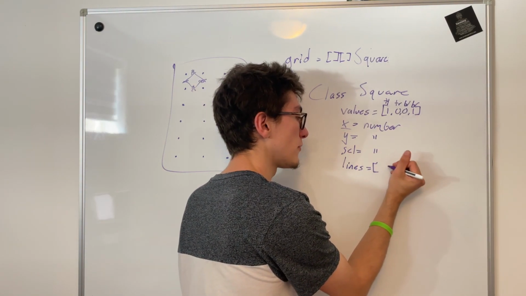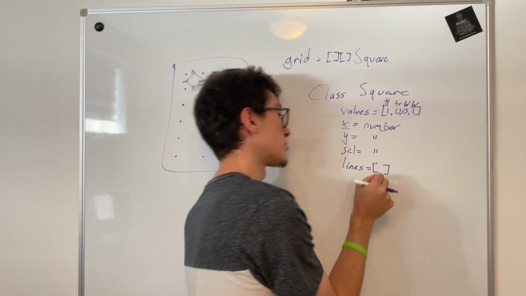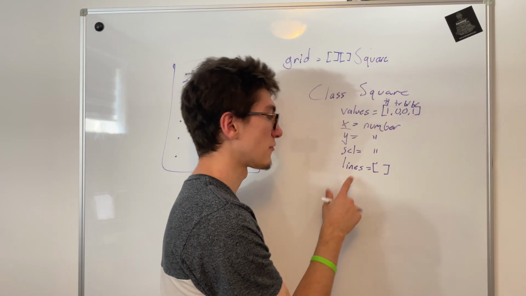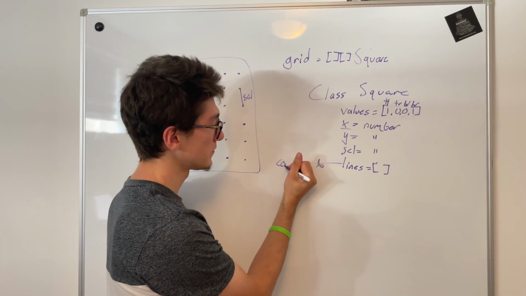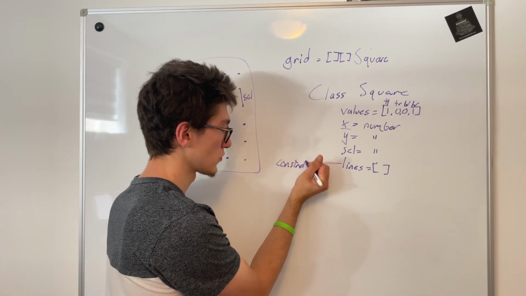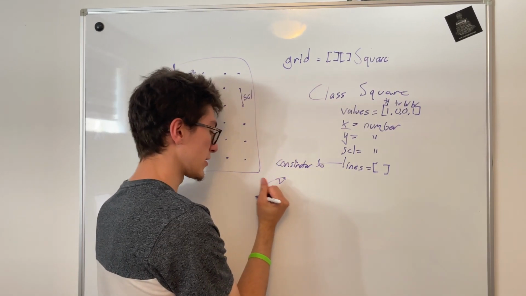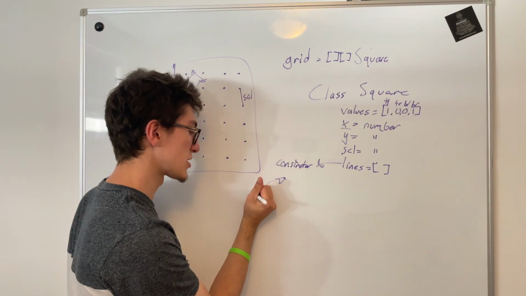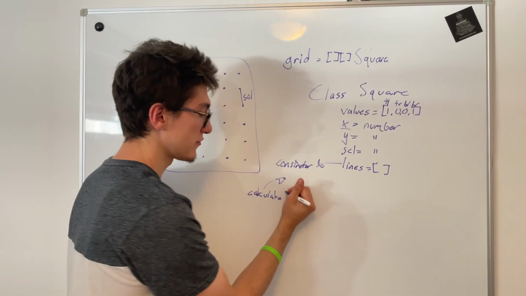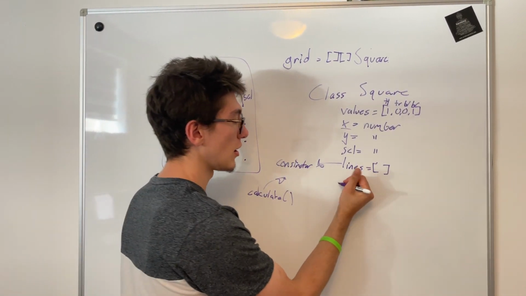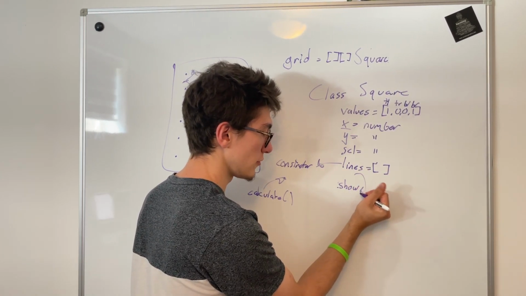And lines would just be an array of, let's say, arrays, which would contain vertex and vertex for one given line, and we can calculate which line we want in the constructor. We could call a method called something like calculate lines or just calculate, and then we could have a function for showing, right? So show lines or just show, which would just loop over lines.